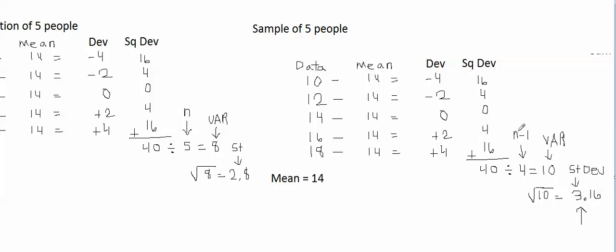The reason why is because when a person collects data from a sample and calculates the mean and the standard deviation of the sample, what the person is trying to do is use the mean of a sample to estimate the mean of the population, to get a rough idea of what it equals, and to use the standard deviation of the sample to estimate the standard deviation of the population.